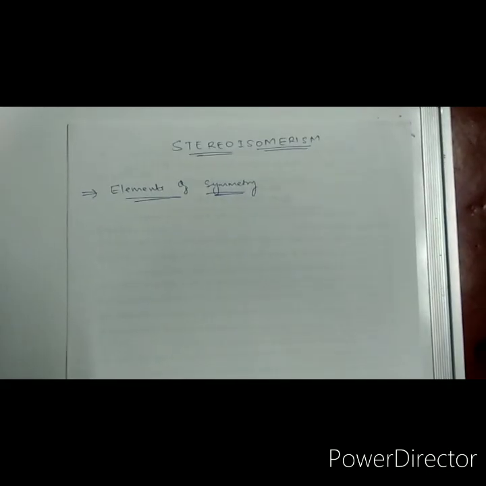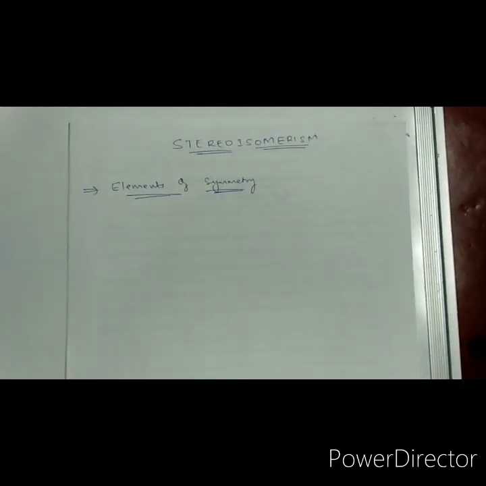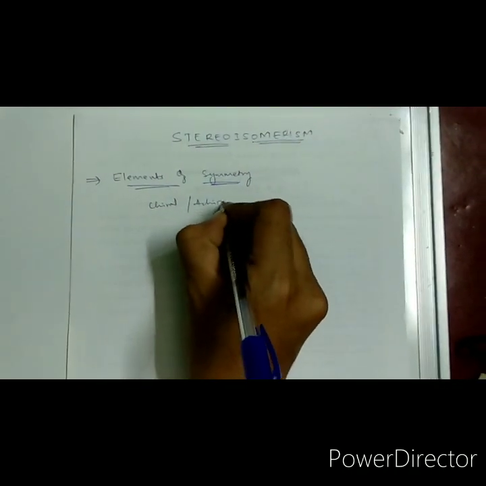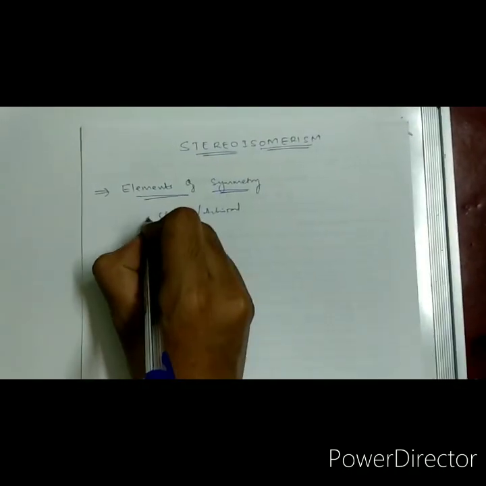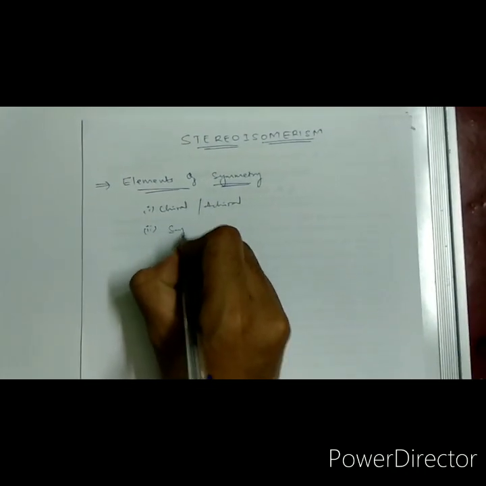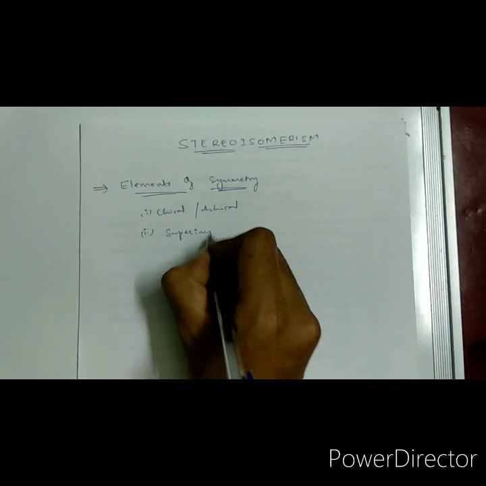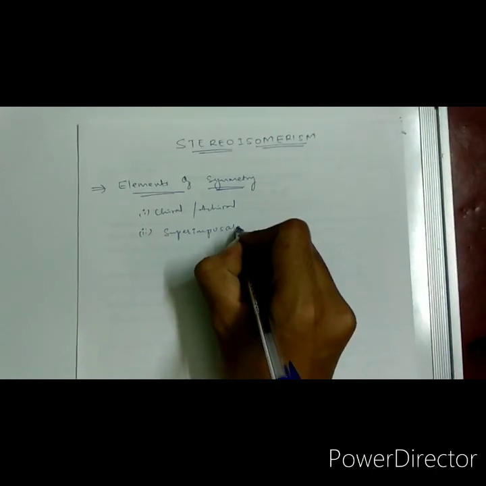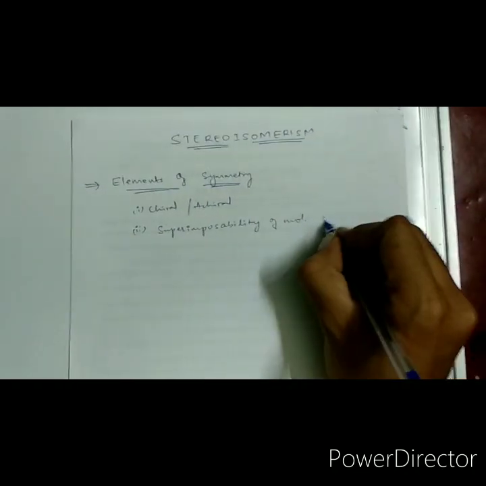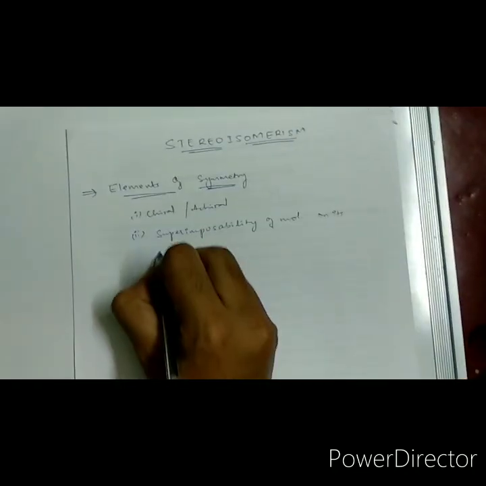So what is this element of symmetry? Elements of symmetry are imaginary elements that define whether the molecule is chiral or achiral, and also define the superimposability of the molecule on its mirror image.